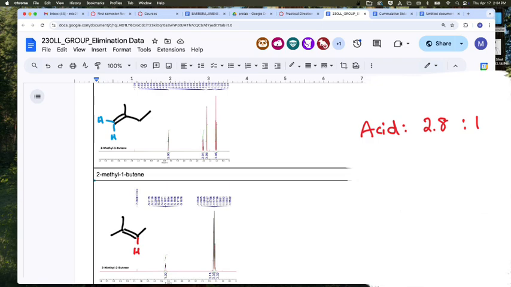The signal that showed up at 5.2 was our 2-butene. Okay, the 2-butene is showing up as half the intensity naturally, which means what do we need to do to account for that?